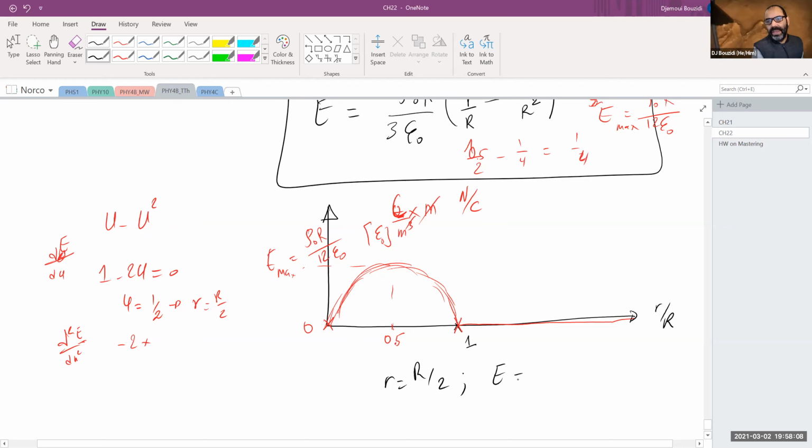And we found the electric field at that point to be given by the maximum value, just rho naught R over 12 epsilon naught. Does this problem make sense to you guys?